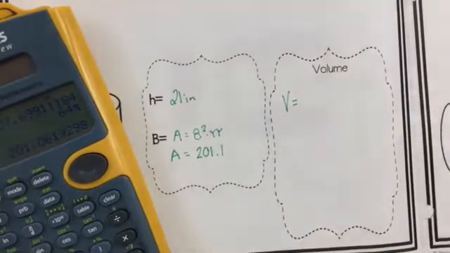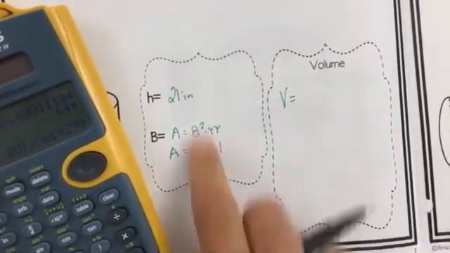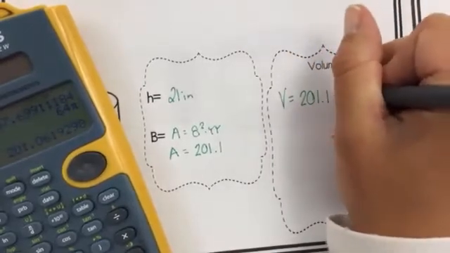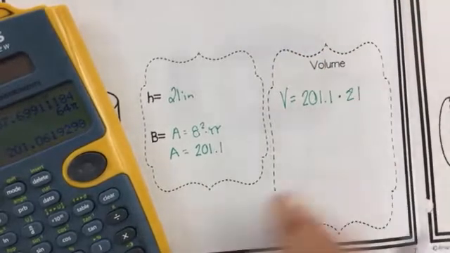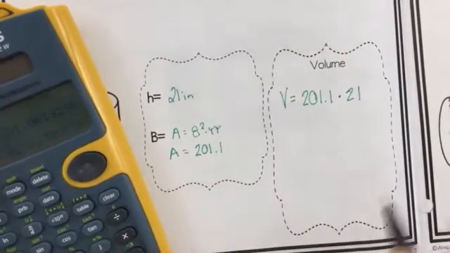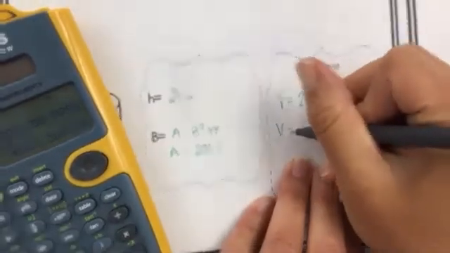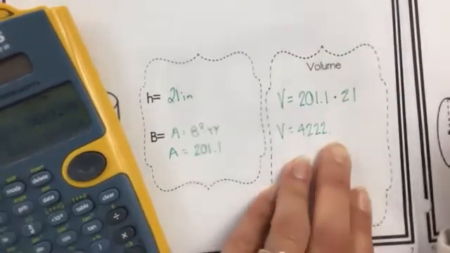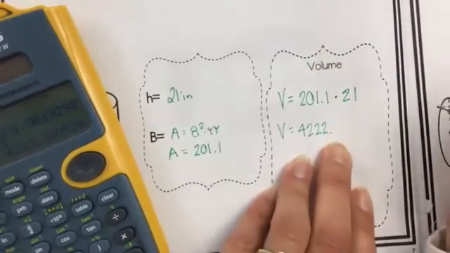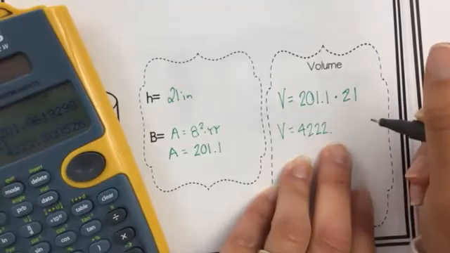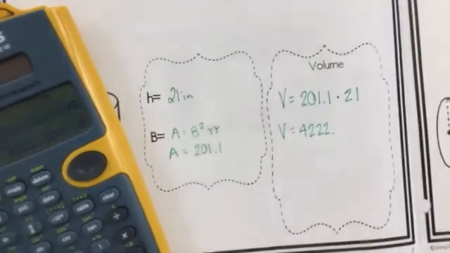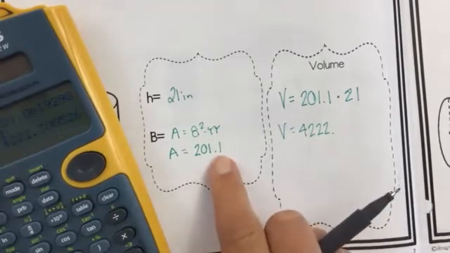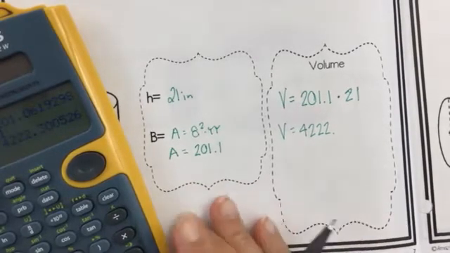So the volume, we're going to take the area times the height, 201.1 times 21. 4222 point, what did you get? 4223.1. I didn't use the rounded answer, and this is a really good thing to talk about.